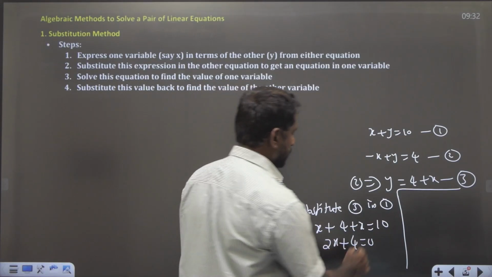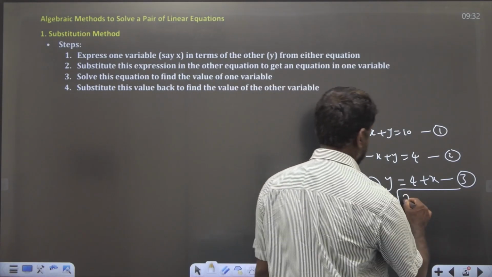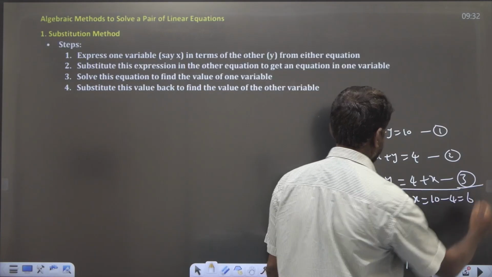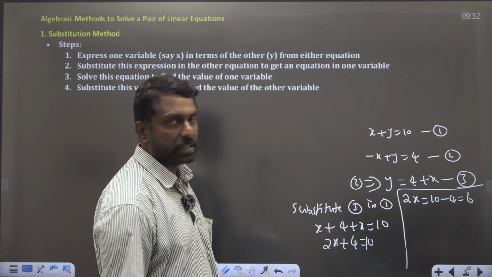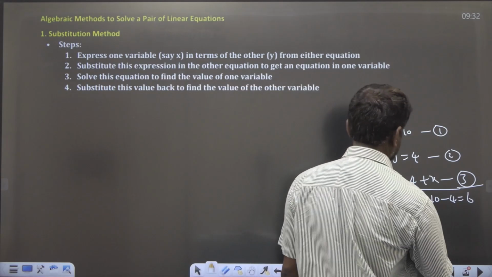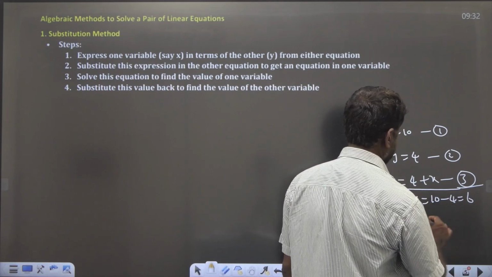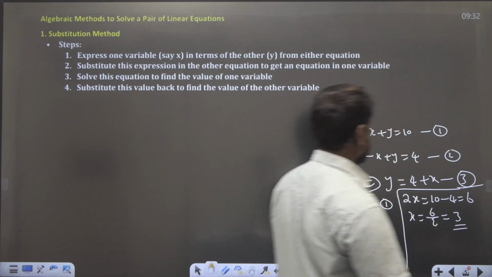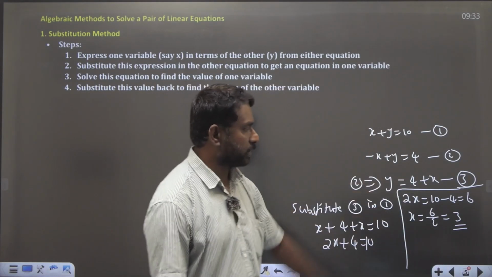Take 4 to the right hand side. 2x is equal to 10 minus 4, that is 6. x is equal to 6 by 2, that is 3.